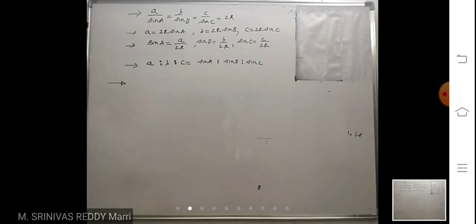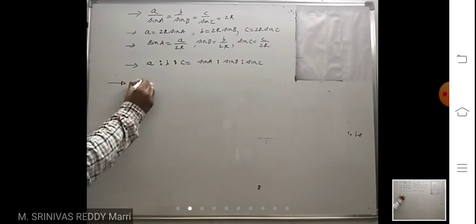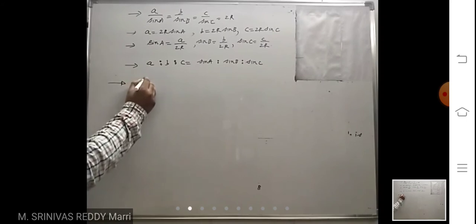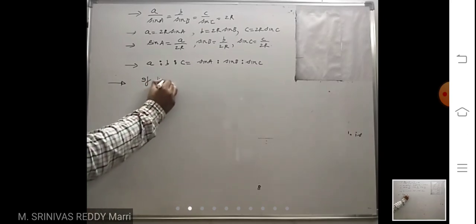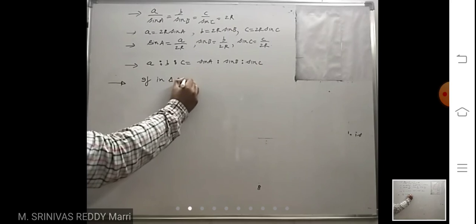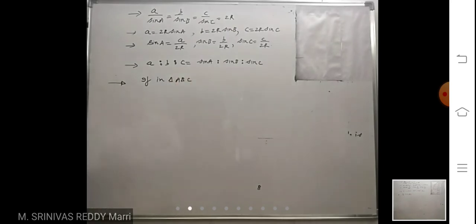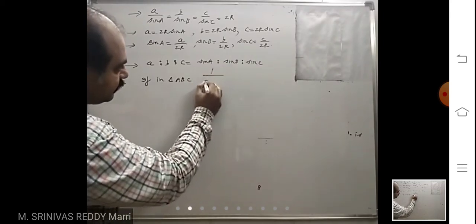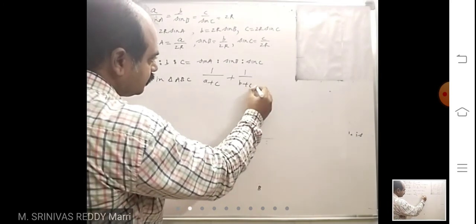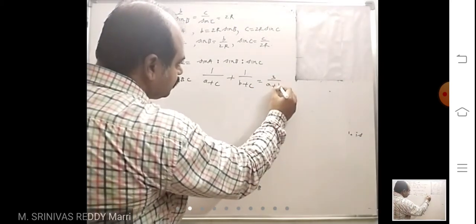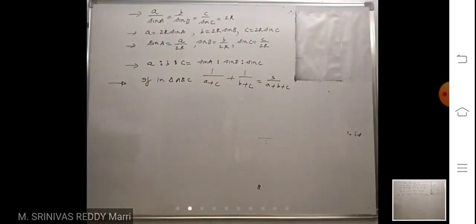Look at one more problem. In triangle ABC, one relation will be given: 1/(a+c) + 1/(b+c) = 3/(a+b+c).